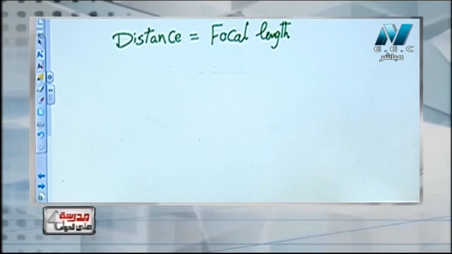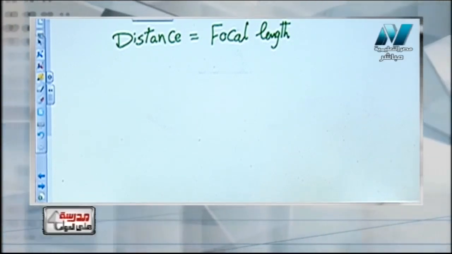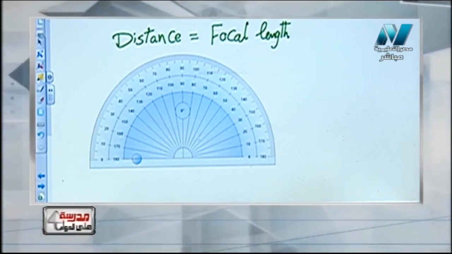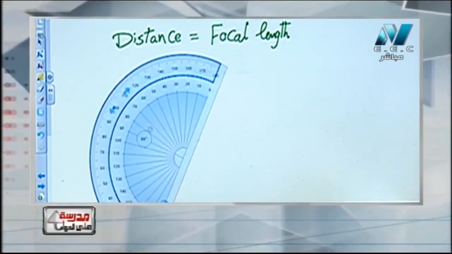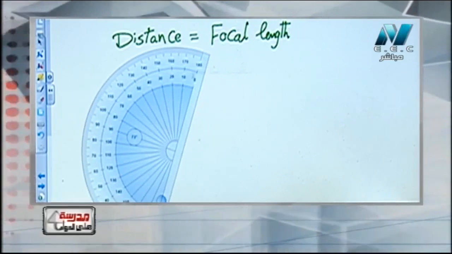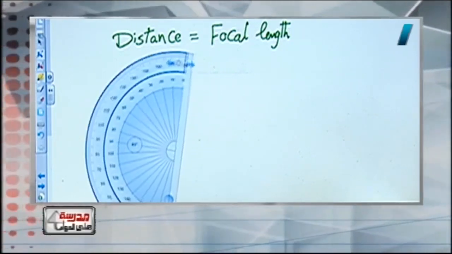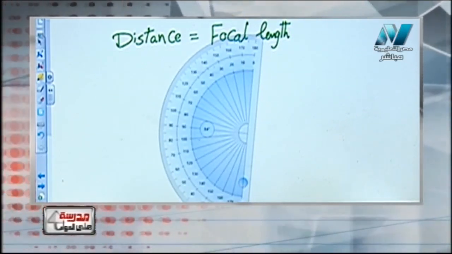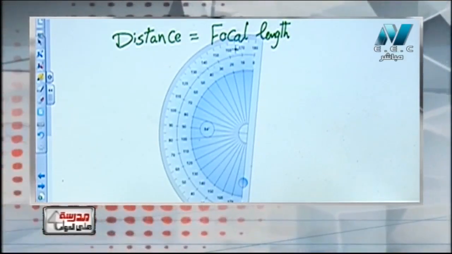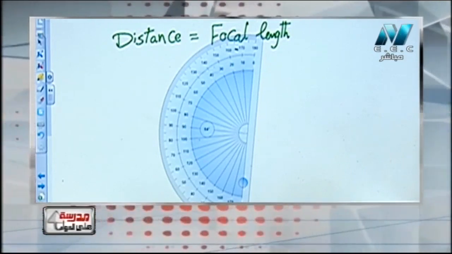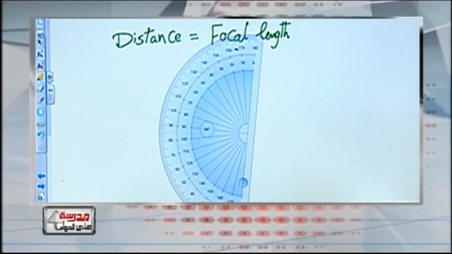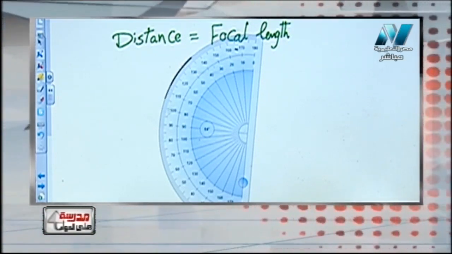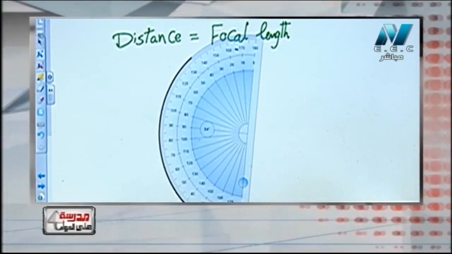So of course I will use the protractor to draw the arc. Then we will use the ruler to draw the principal axis with two equal distances as the radius of curvature.